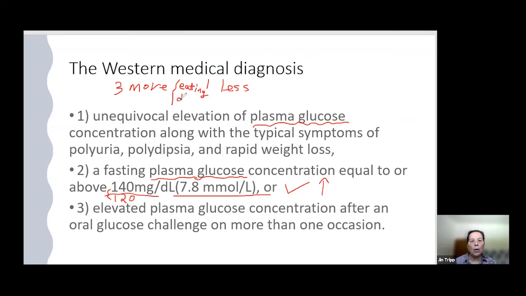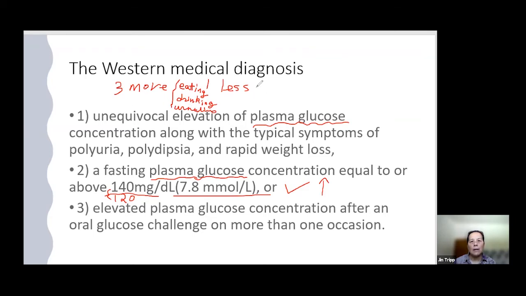And drinking more: always thirsty, always trying to drink water. But after drinking, they couldn't hold in the water. They pee a lot, urinating more. So for a patient with diabetes, they have three more symptoms: eating more, drinking more, and urinating more.